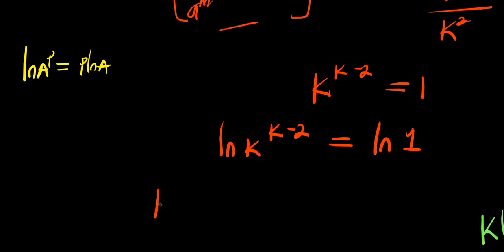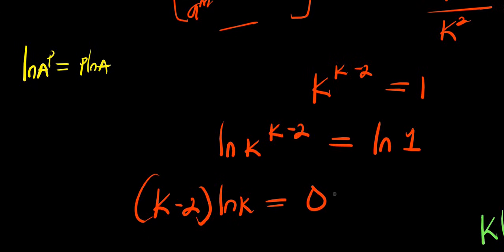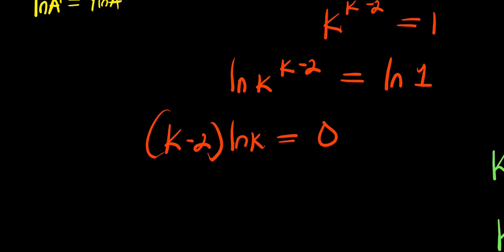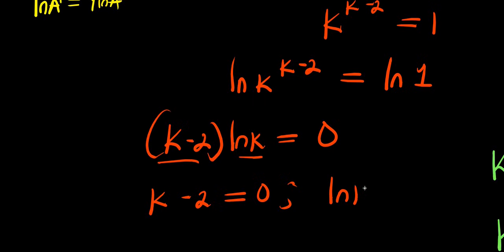So this is k minus 2 times natural log k equals natural log 1, which is 0. So from here, we equate each of these to 0: k minus 2 equals 0, and also natural log k equals 0.